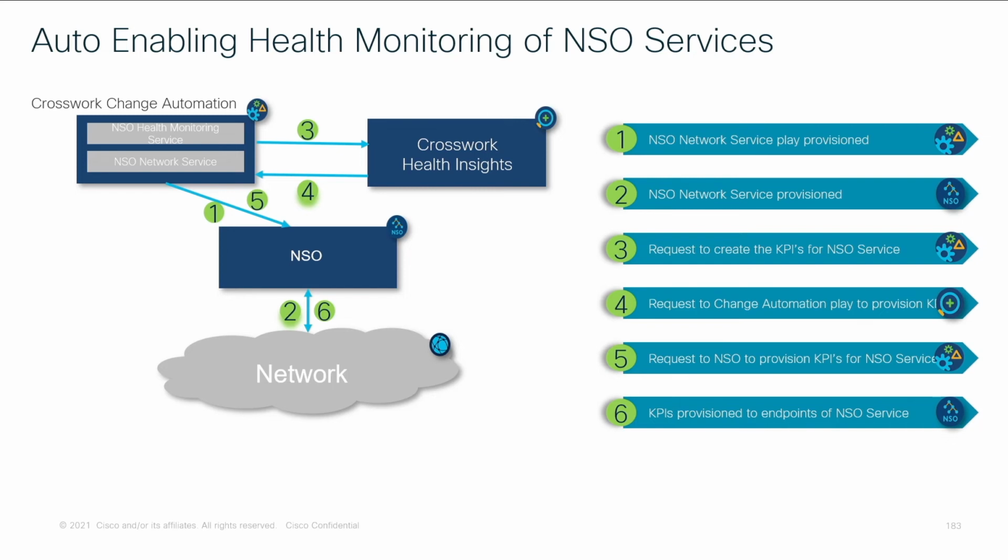For the NSO network service, say it's a layer 3 VPN, and we define another NSO service for enable KPI service. We define two plays, one which maps to L3 VPN, and the other one is the enable KPI service.